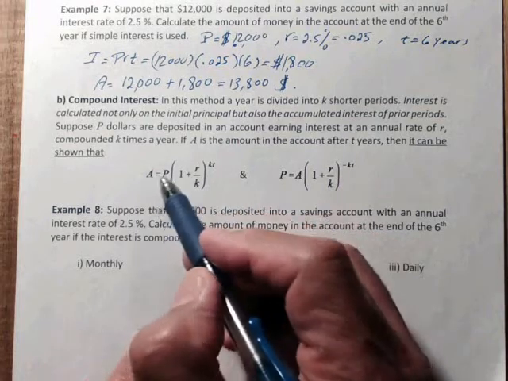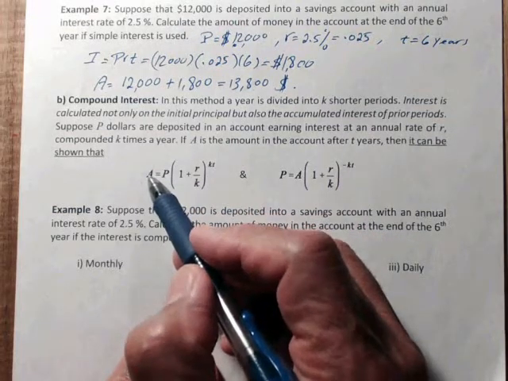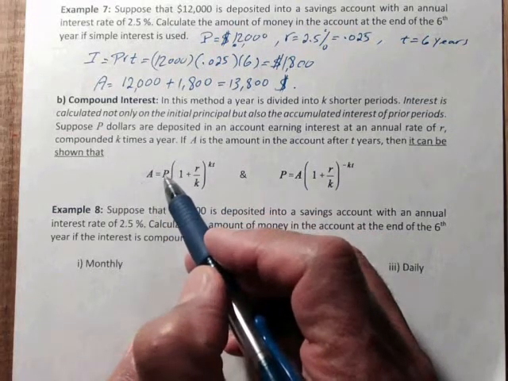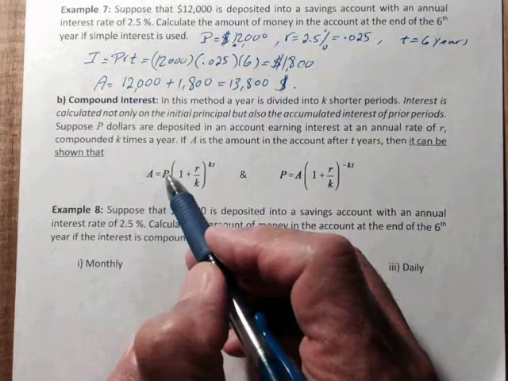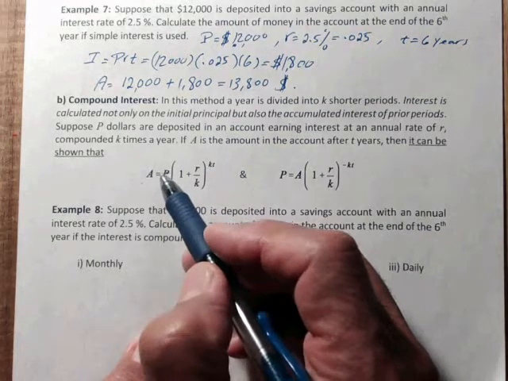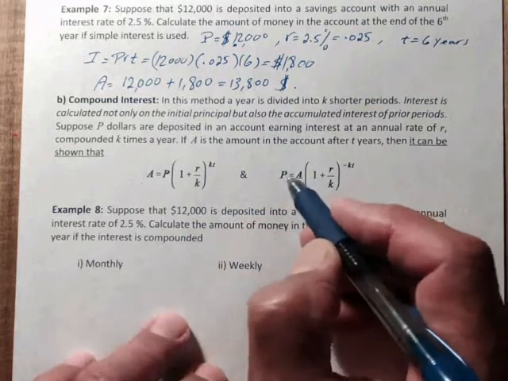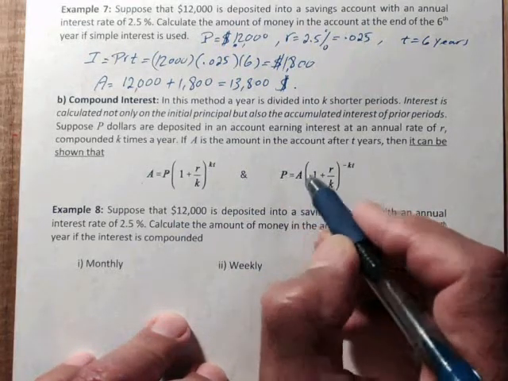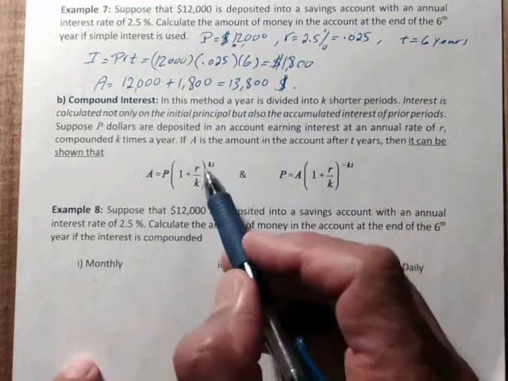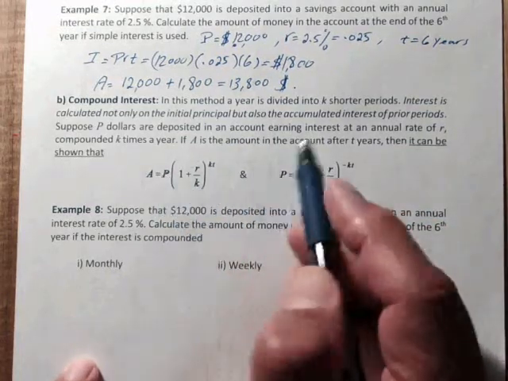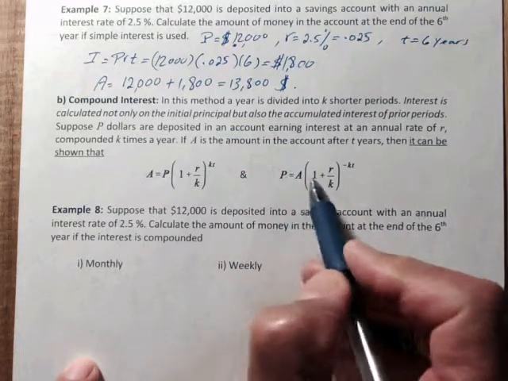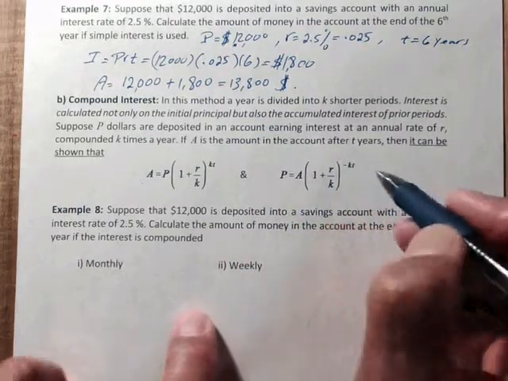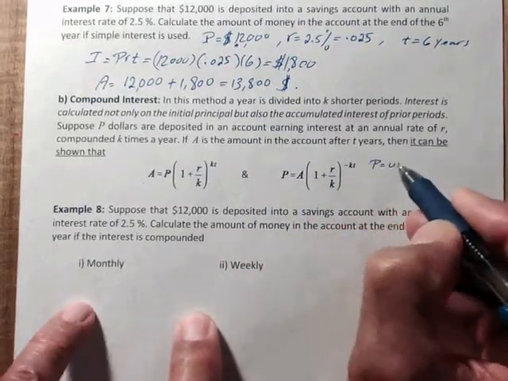So here, your future balance is given in terms of your initial investment. Now, sometimes you have the final balance, but you want the initial. So if P is the unknown and A is given, P is the unknown.